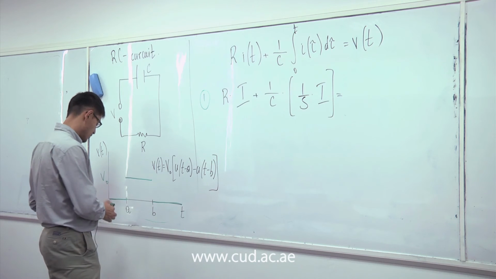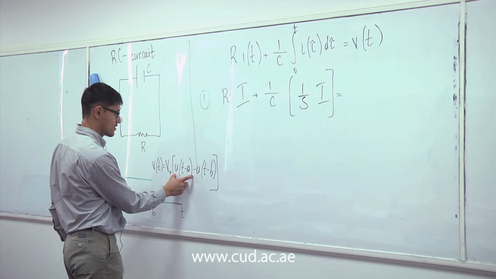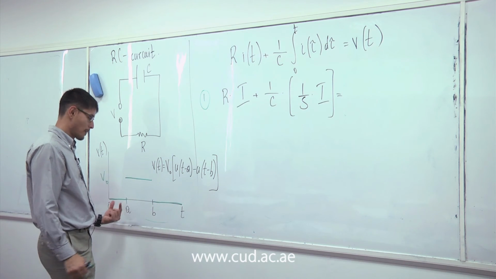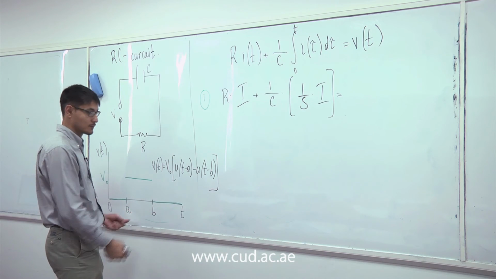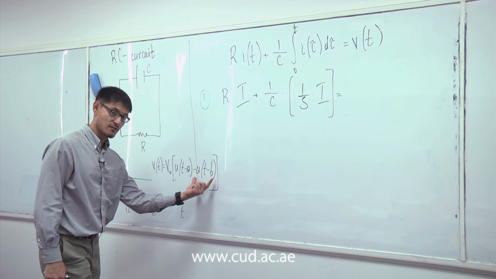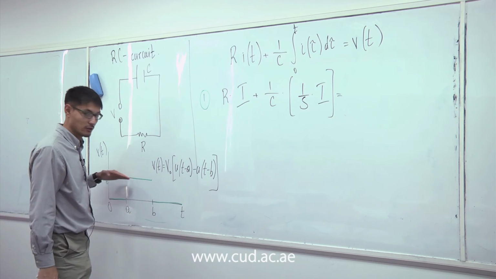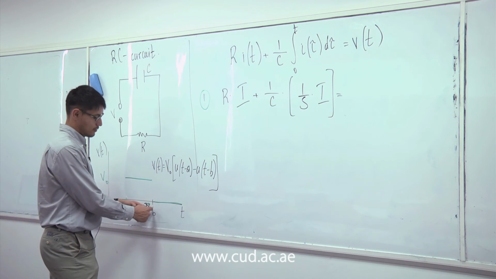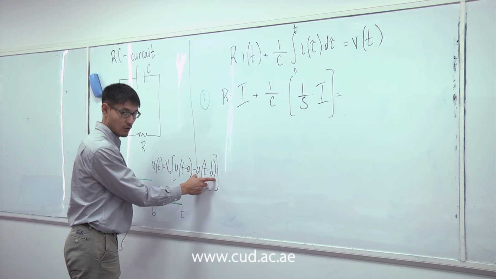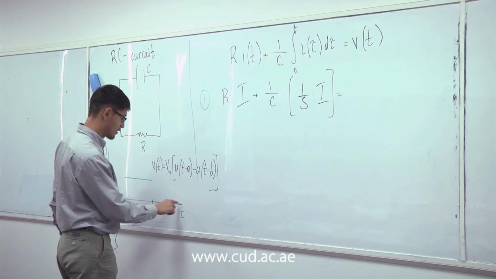On the interval from 0 to a, this function is 0 and this function is also 0, so 0 minus 0 gives you 0. Okay? Between a and b, this function now is equal to 1. This function is still 0. So we have 1 minus 0 times V naught. That gives you V naught. Beyond b, this function is 1. Now this function also becomes 1 after b. So we have 1 minus 1. That's 0. So we have the 0 signal.